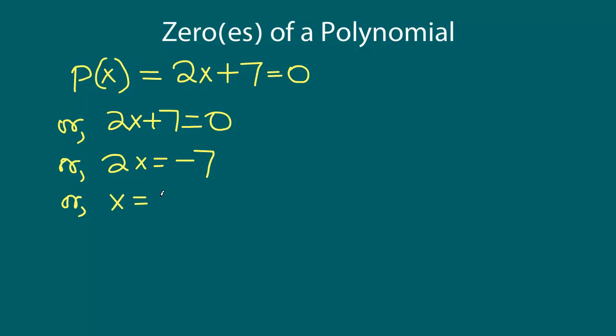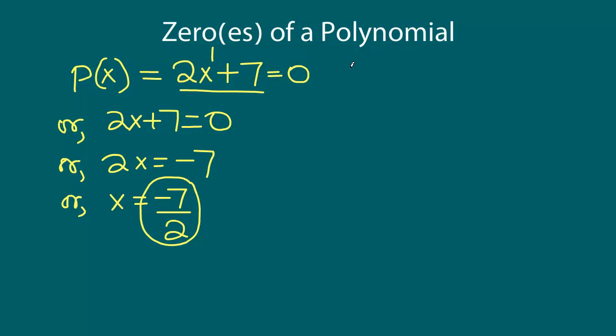So we have x equals minus 7 over 2. So the zero of this polynomial is this number. We have seen time and again that whenever we have a linear polynomial, a polynomial of degree 1, we always get one zero of the polynomial, right?